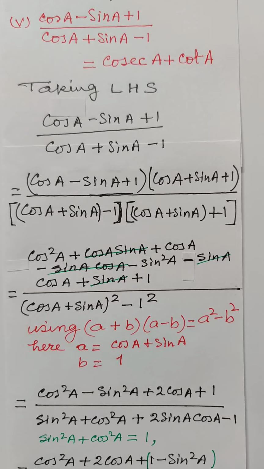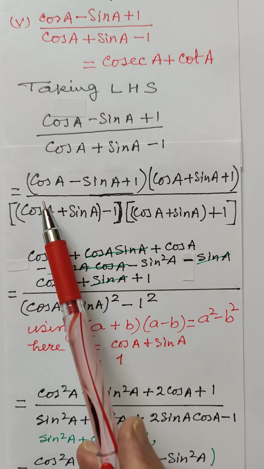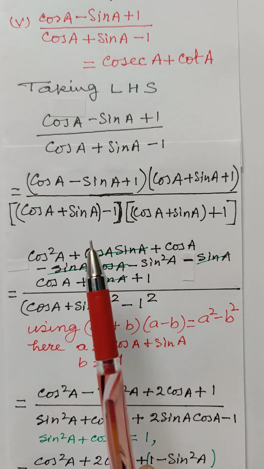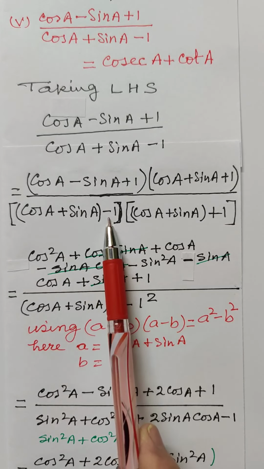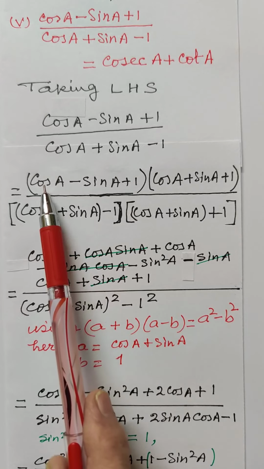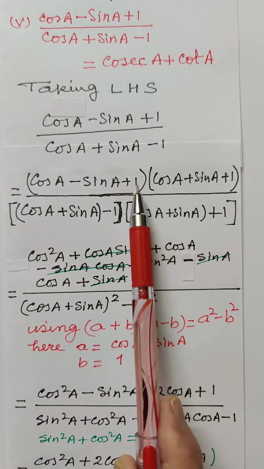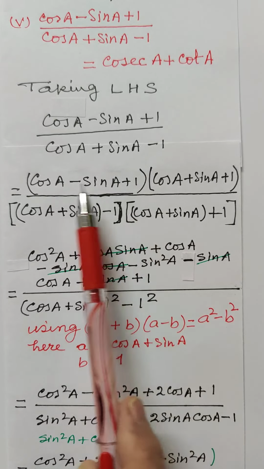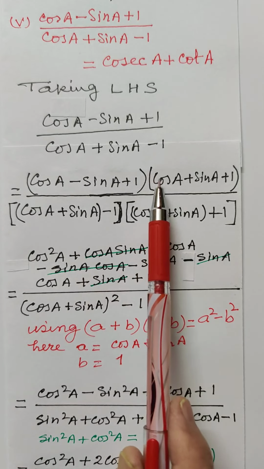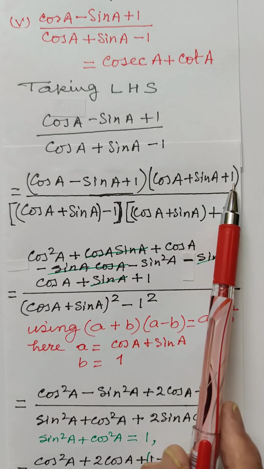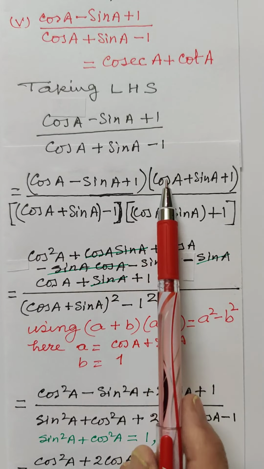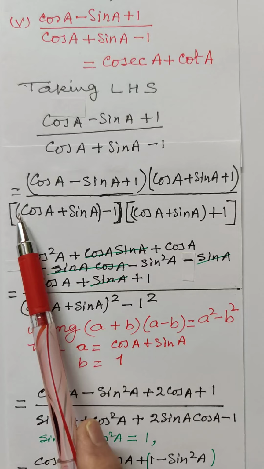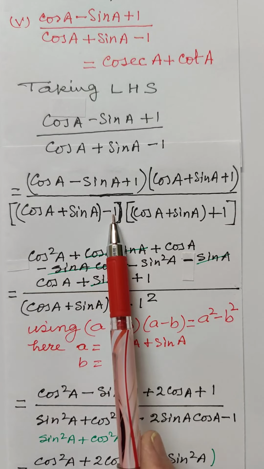We shall rationalize the denominator by multiplying numerator and denominator with (cos A plus sine A plus 1). So (cos A minus sine A plus 1) within bracket, and in another bracket (cos A plus sine A plus 1), multiplying with this in numerator and denominator. In denominator there is cos A plus sin A minus 1.